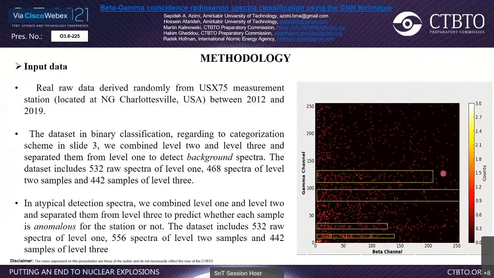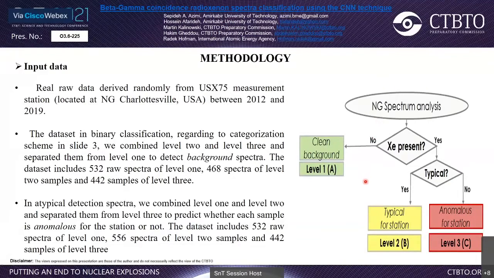Each sample is originally in the form of a two-dimensional matrix, 256 by 256 beta gamma coincidence. Values at coordinate indicate the number of counts that are simultaneously recorded in detectors.